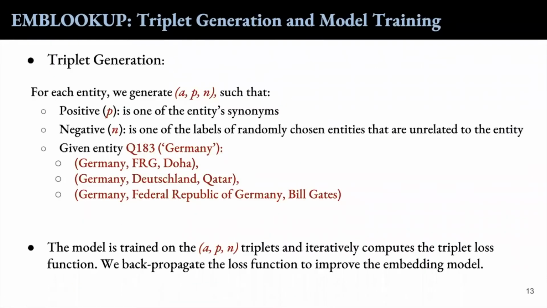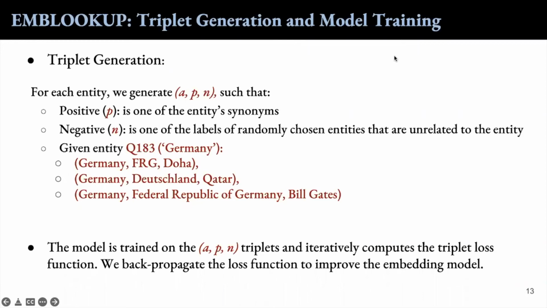The core of the training process is generating triplet examples that encode the similarity and using them to train the model. The process of triplet mining or generation involves collecting a set of triplets in the form of anchor, positive, negative. For each entity, the positive example is one of the entity synonyms that can be extracted by different properties, such as RDFS label.